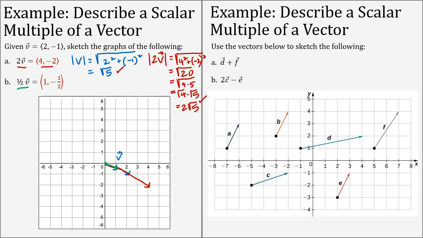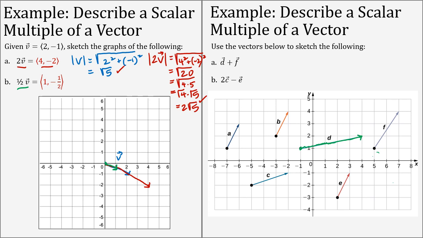In this example, we're being asked to describe a scalar multiple of a vector. So use the vectors, we've got all these vectors on the page here, use the vectors below to sketch the following. Okay, we're just sketching. So vector D plus vector F. Okay, so vector D looks like it's starting at negative 1, 1, and that's its initial point, and then it is going to its terminal point of 4, 2.